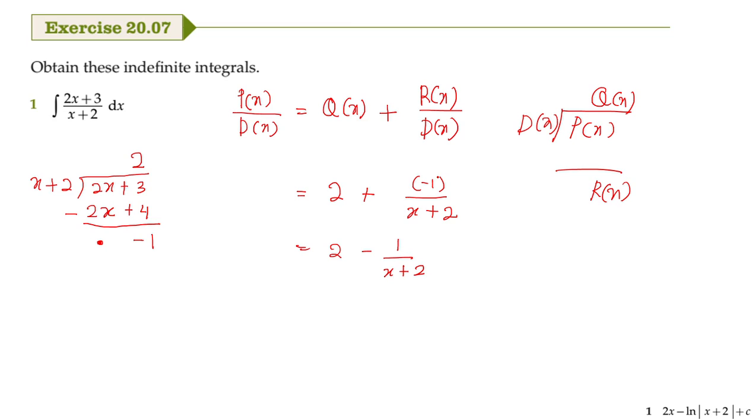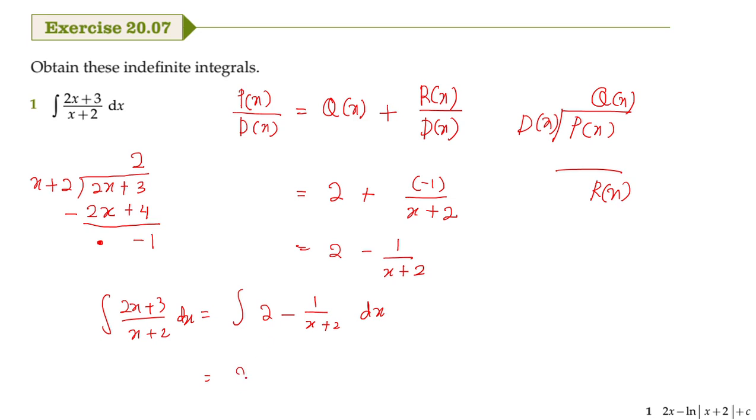Now I believe this is easy to integrate. Integrate 2 minus 1 over x plus 2 dx. The question here is 2x plus 3 over x plus 2 dx. Now integrate 2. Over here it is actually 2 times x to the power 0. Remember, add 1 to the power of your x and then divide by the new power.